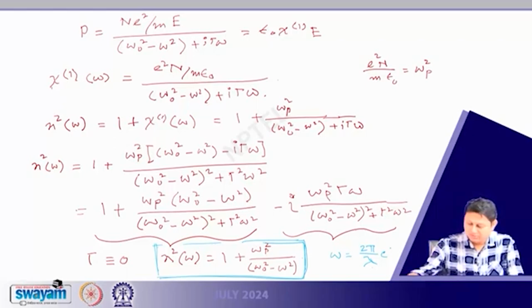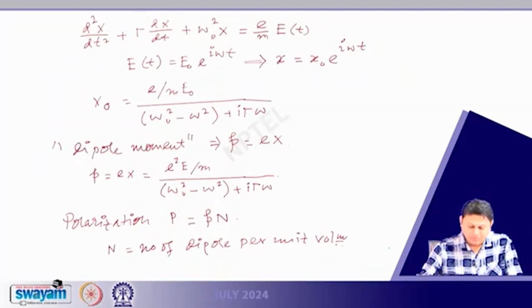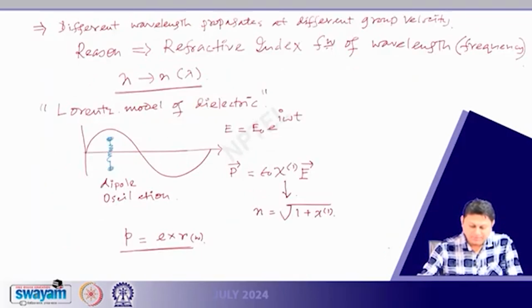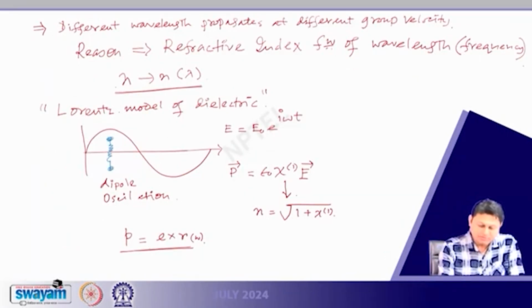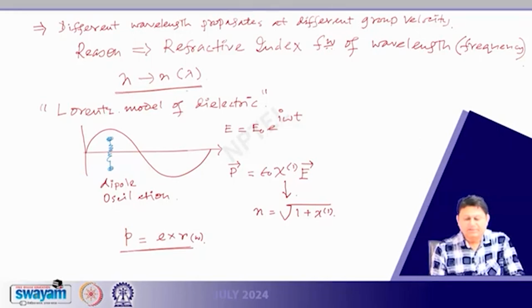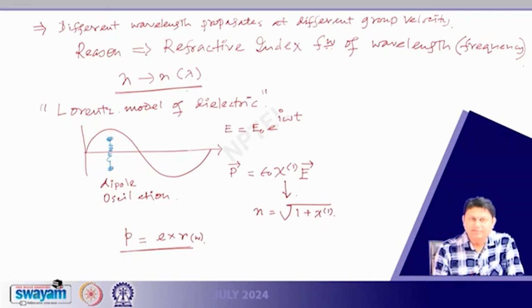And our goal here is, let me go back. So what was our aim? Our aim here is to find out how the refractive index is a function of lambda.